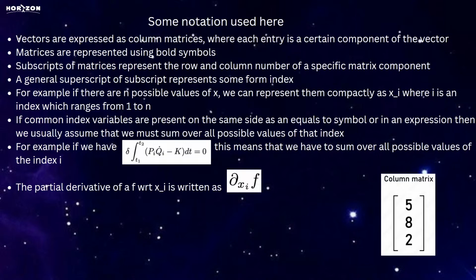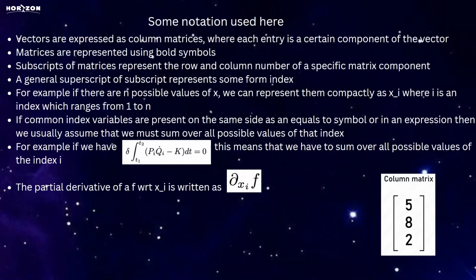In the next slides we'll see what a derivative is. The index i means that we have to sum over all possible values of the index i, whatever the possible values of p and q can be. So we'll vary i accordingly, consider all possibilities and do the summation in that manner.